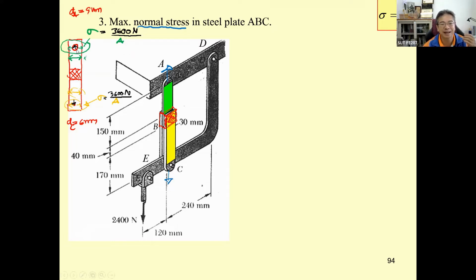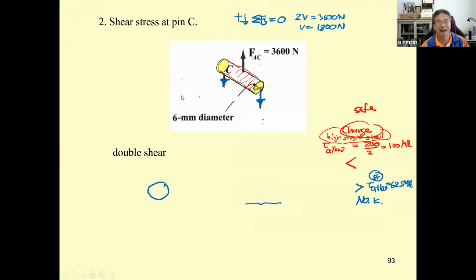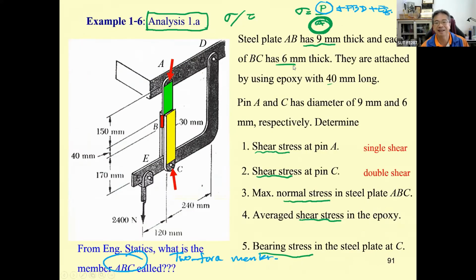By doing this, you may consider this plate is going to have the width. If you remember it, it's going to be what? I cannot remember the width of it. It's 40 long.